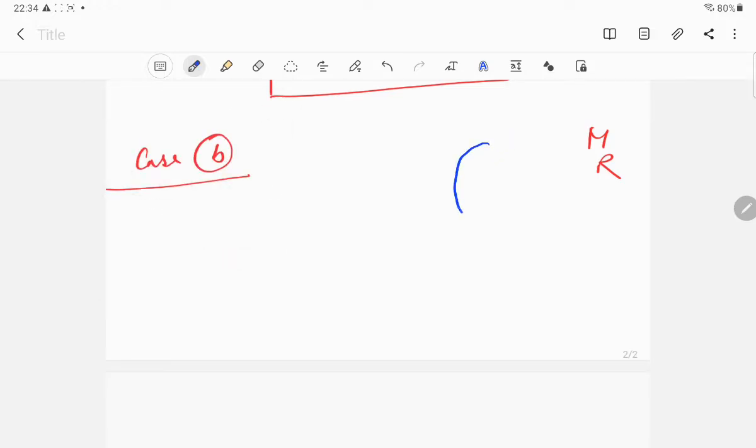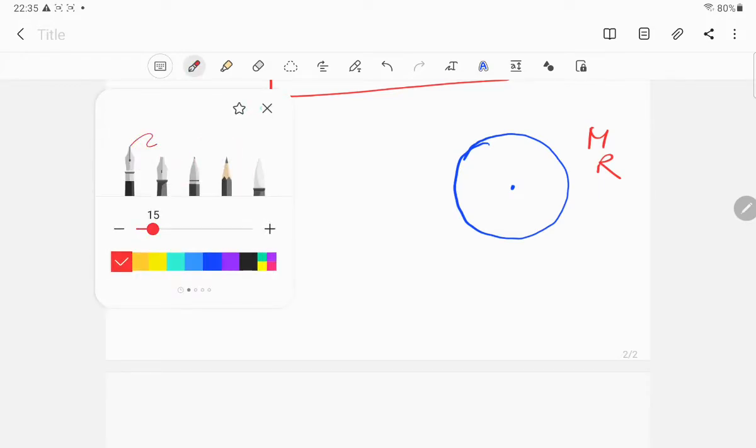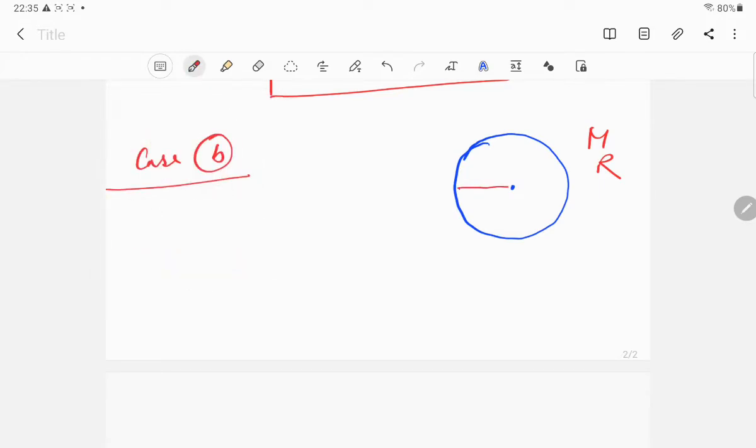Right now we have a circular disc of mass m, and now we are going to find out the moment of inertia with respect to this and with respect to this. Suppose I can call it A dash, and this is called B dash.